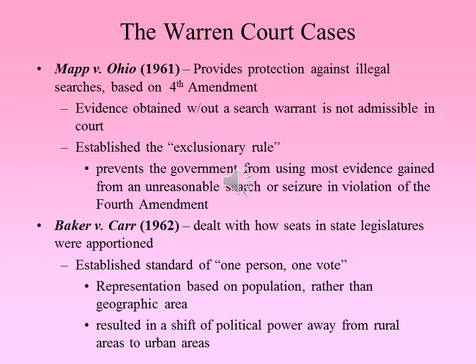So the representation will be based on population, not the geographic area. So what this means is that the shift of political power is from rural areas that had been overrepresented in state legislatures to urban areas which had previously been underrepresented, because there are more people living in these urban areas, that they are not getting the same level of representation as the rural areas.